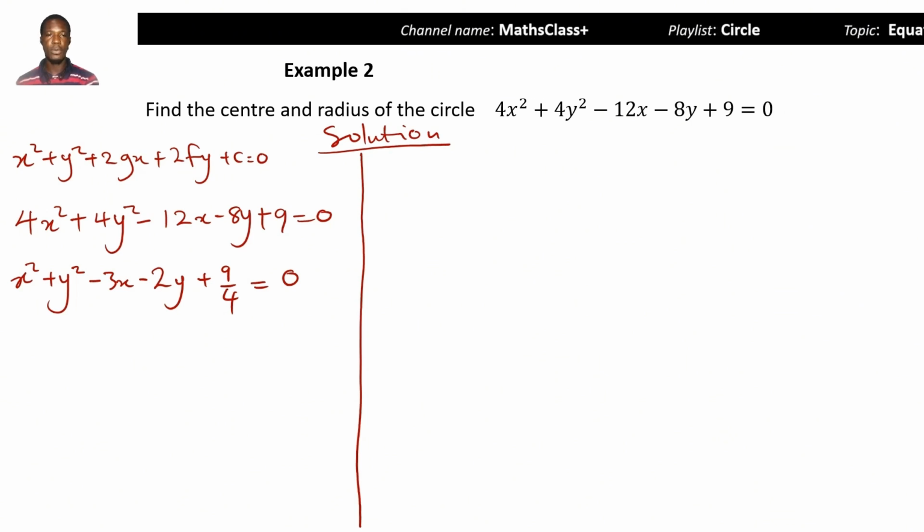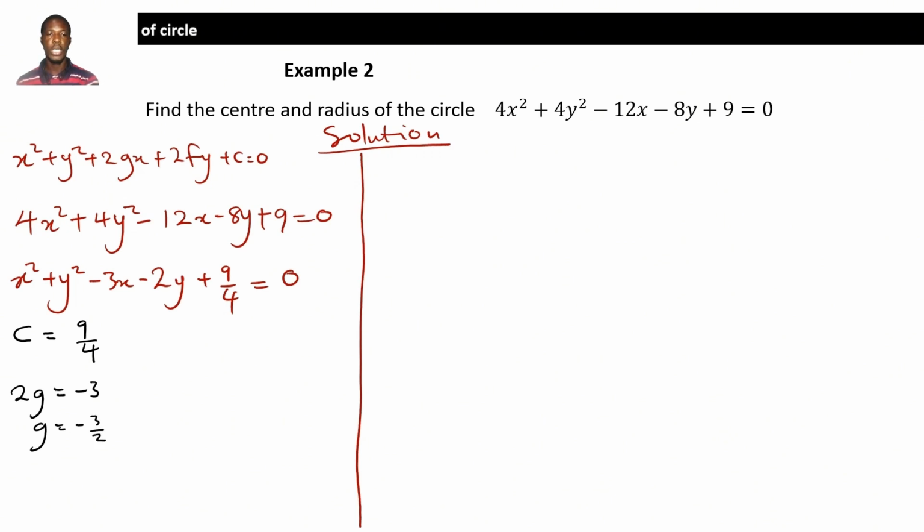If I do my comparison right, I'll say c is equal to 9 over 4. 2g is equal to negative 3, and that means g is equal to negative 3 over 2. And we know g is negative a. So our a will be equal to negative of negative 3 over 2.